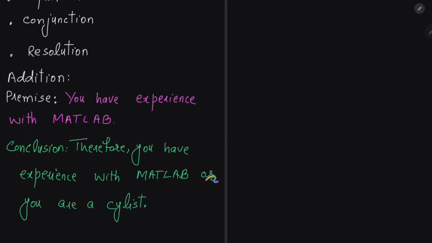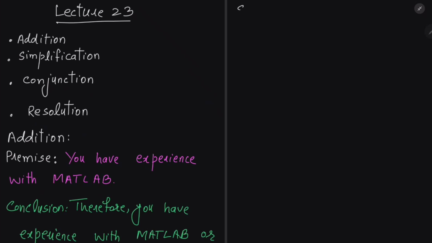So here, after or, we have added a new thing. Although it is unrelated to the previous statement or previous premise, we have added or over here. Now the question is, what is the symbolic way of writing addition?